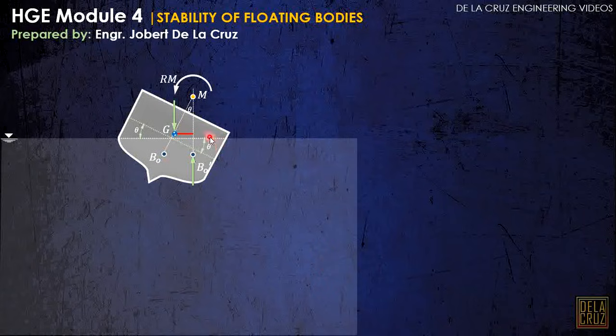Okay? Now, if this is theta, this one is also theta. Then, ito, from M to G, yan yung tinatawag nating metacentric height. Okay? I-take note nyo yan. Metacentric height. Okay, so this one, if we are to consider this right triangle, itong distance nito is just MG sine of theta. Okay, that's why our righting moment can be calculated by this formula.